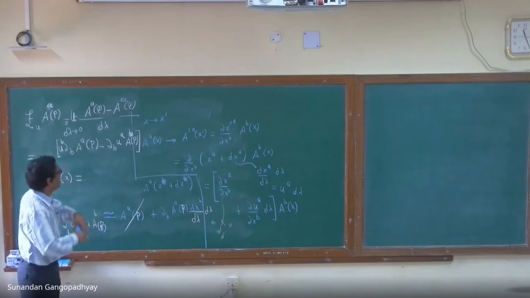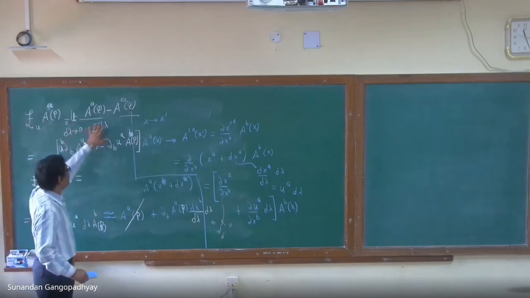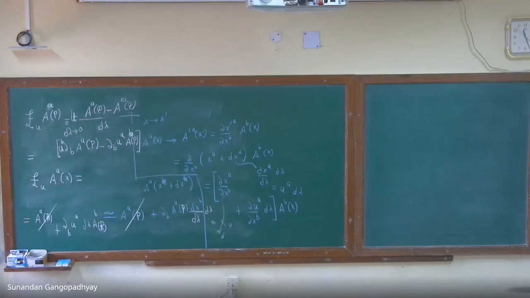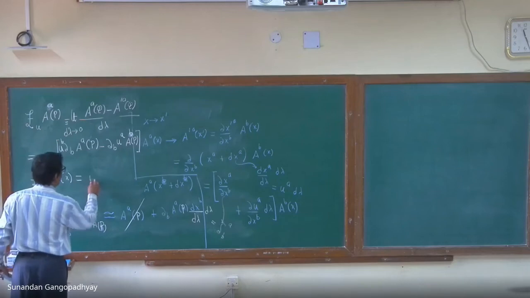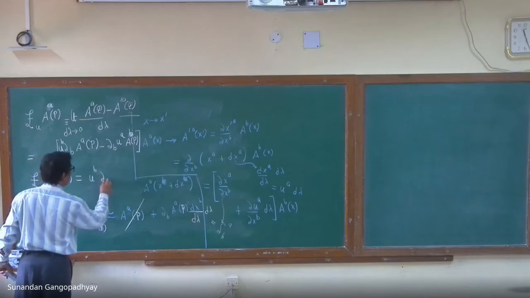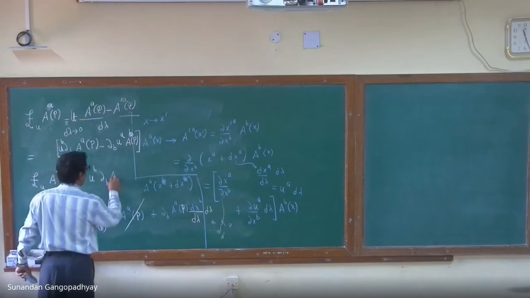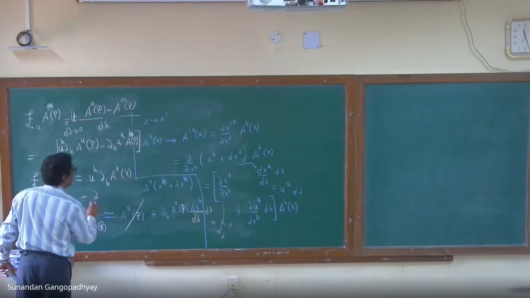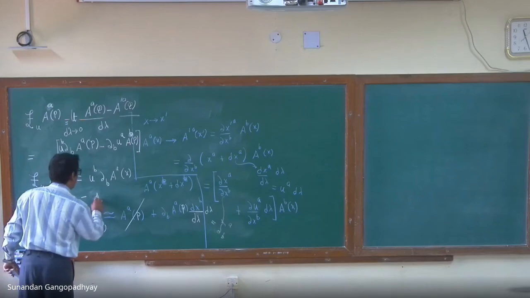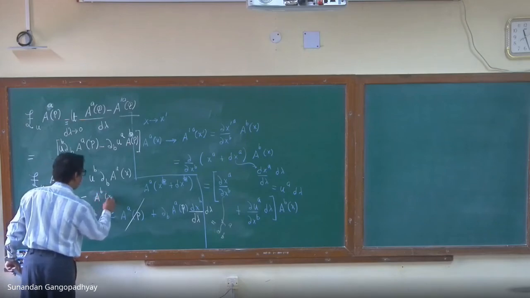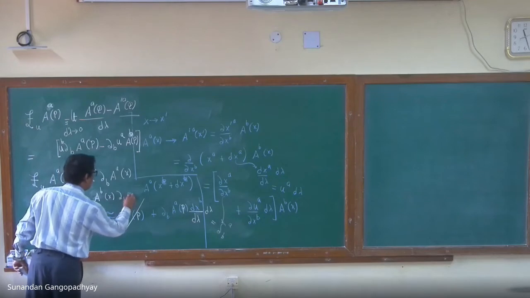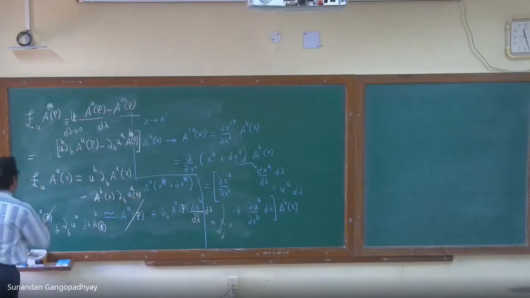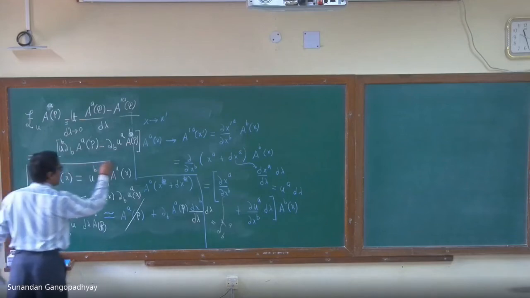So it has been constructed in an intelligent way so that P again appears. P is appearing on both sides now, so you should not have confusion. And the result is U^B del_B A^A at X minus A^B del_B U^A. So this is the Lie derivative.